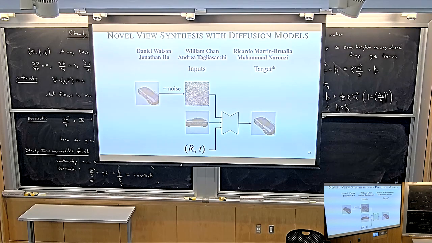In fact, we looked at this a long time ago. We built a much worse version of this, where we had an autoencoder, remember? We just had an autoencoder and we concatenated the target pose in the latent space, and then decoded it into an image.